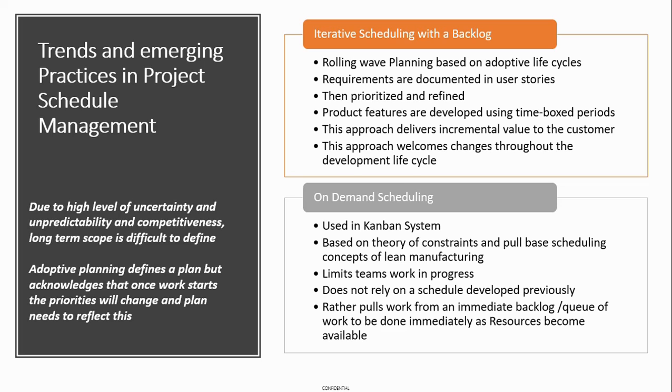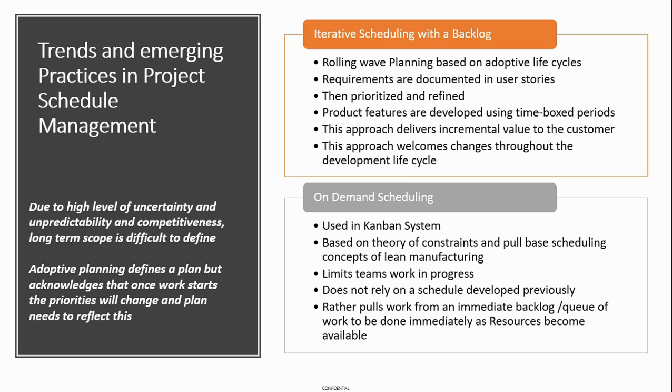Hence, iterative scheduling will be an emerging trend. You can use the rolling wave planning method, where you plan and schedule at a very detailed level what is closer to getting actioned, and plan at a high level the actions that are yet to come.